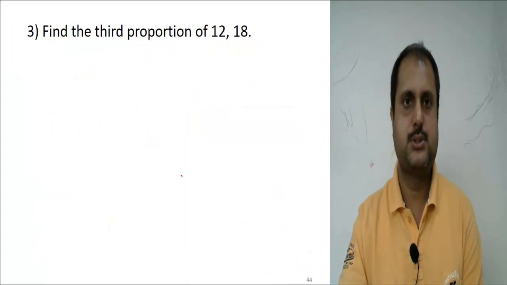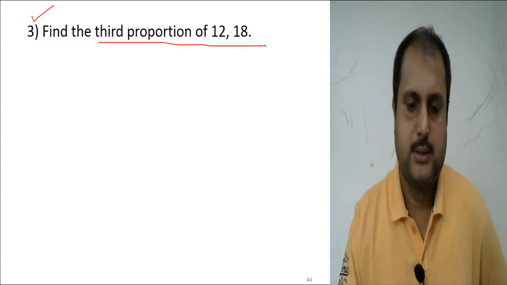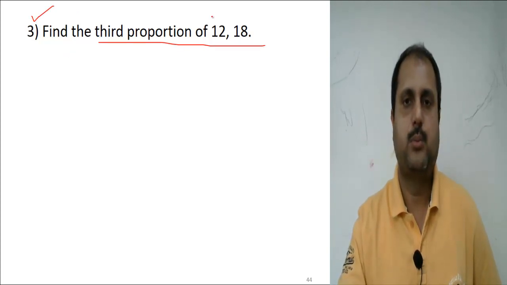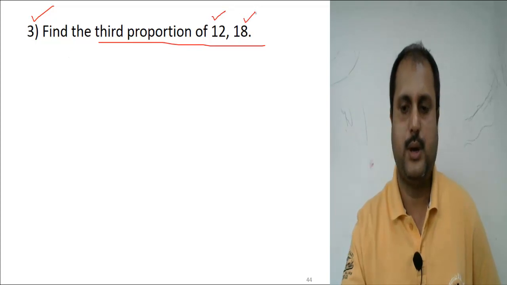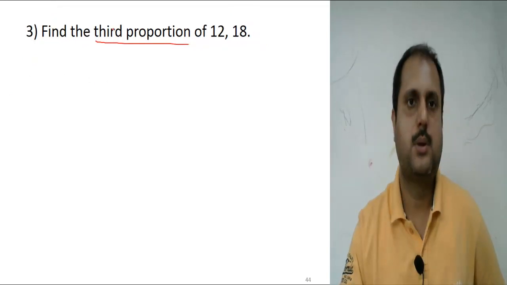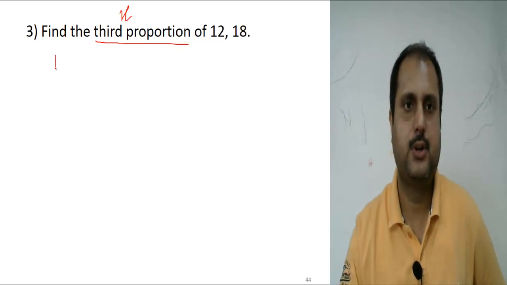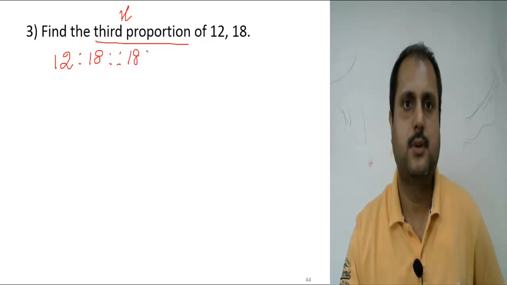So let's move to the next question. Now it is asking the third proportion. So how to find the third proportion? Suppose 12 and 18 have been given. Which is the third proportion? Suppose the third proportion is x. So 12 ratio 18 is in proportion with 18 ratio x.